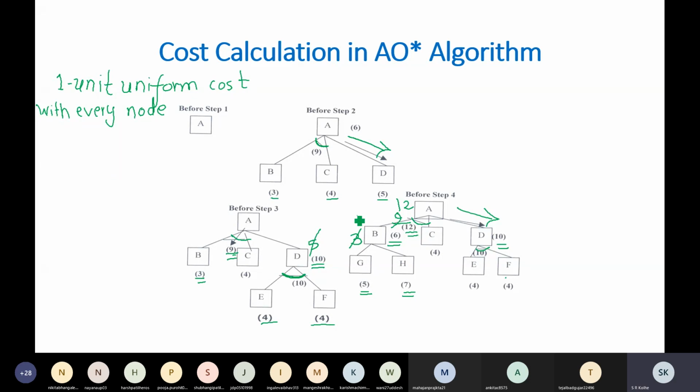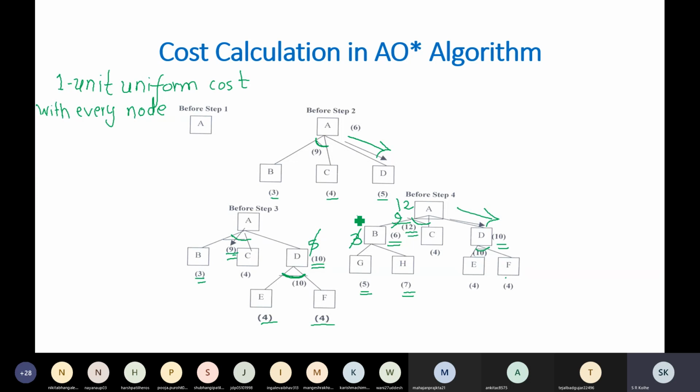Because depending upon the type of path, the generated nodes may be AND type of nodes, or they may be OR type of nodes, accordingly the cost associated with the parent will change. Because of that, the cost associated with its own parent will change.